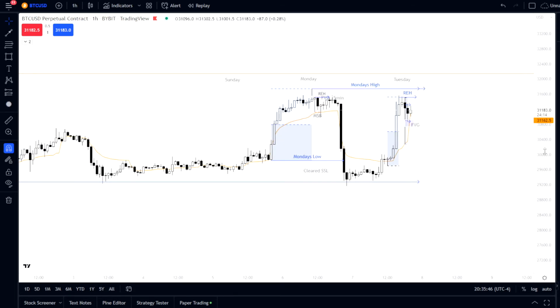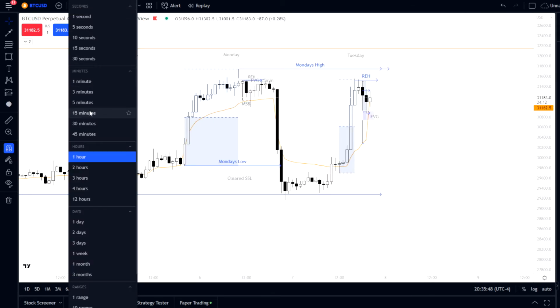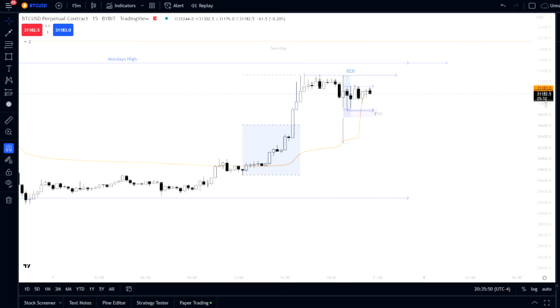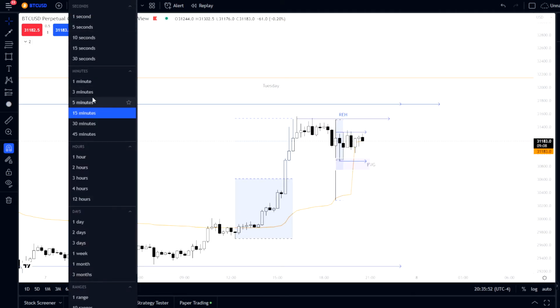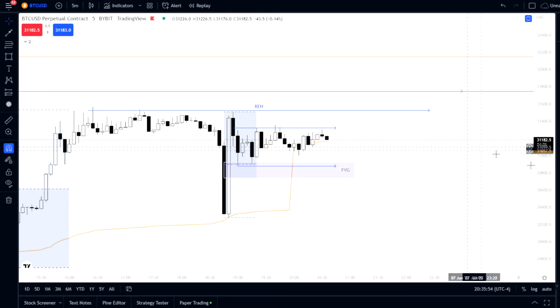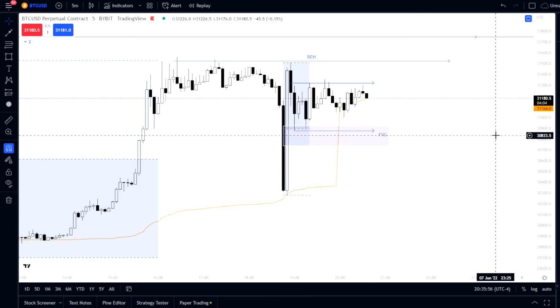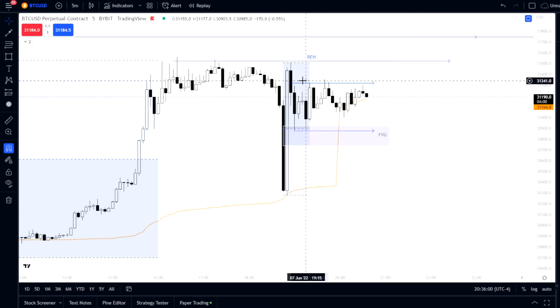Okay, so I think that's sort of where we stand for now. I think what I'll do is show you a trade I took as price came up here. I'll show you my Twitter at the moment.